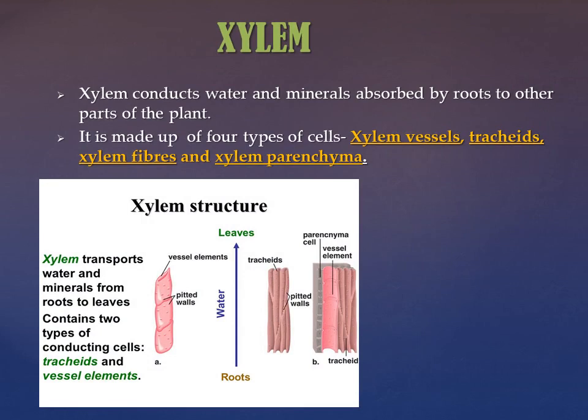Xylem conducts water and minerals absorbed by the roots to other parts of the plant. It is made up of four types of cells: xylem vessels, tracheids, xylem fibers and xylem parenchyma. Now we will learn more about this tissue in this video.